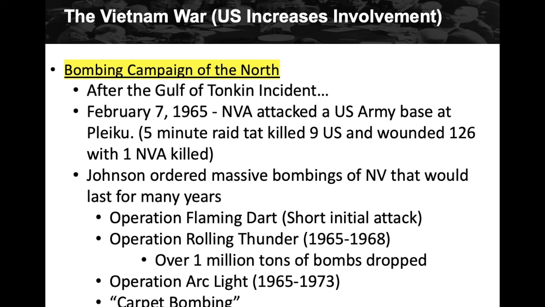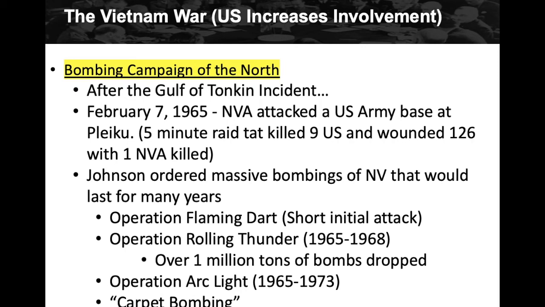That's from 1965 to 1968. That's a pretty famous campaign of bombing. Over 1 million tons of bombs were dropped in North Vietnam, and this is where Rolling Thunder and Operation Arc Light, which was another bombing campaign. Arc Light overlapped Rolling Thunder, but Arc Light continued all the way into the 1970s.